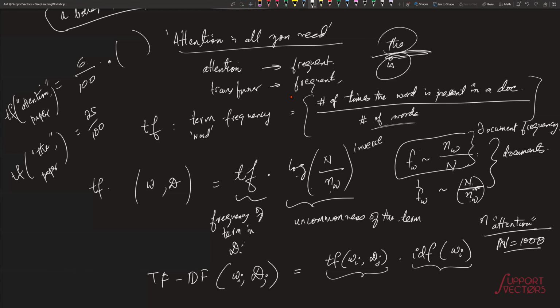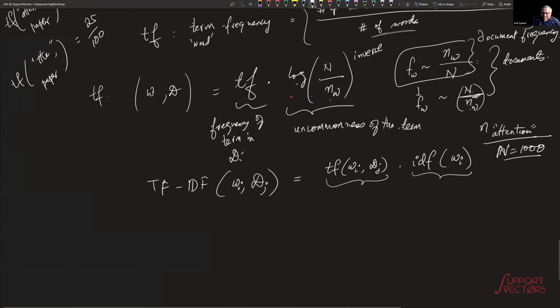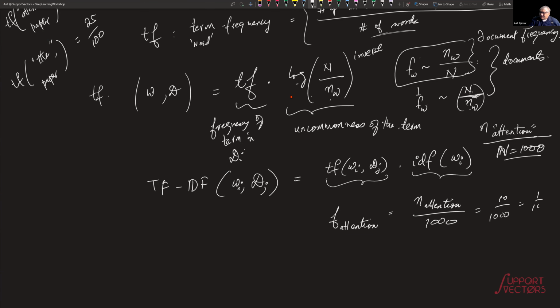Right? So you can therefore say that the document frequency of the word attention is equal to the number of documents with attention divided by 1,000, which is 10/1,000, equal to 1/100.